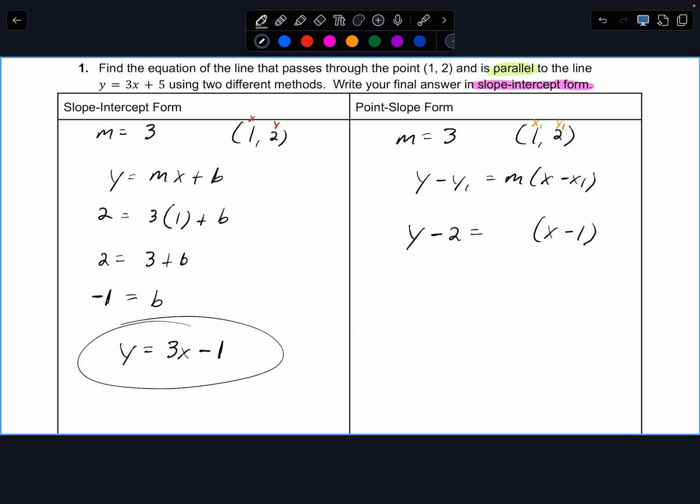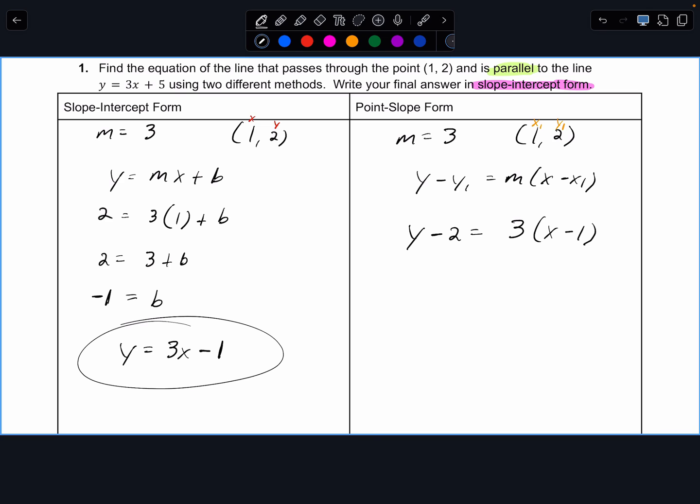All right, we know the slope is 3. Now, if you're in Algebra 2, if you're in calculus, you're done. Okay? You can leave lines in point slope form. But it wants our final answer in slope intercept. So how am I going to get from point slope to slope intercept? Distribute, all right?